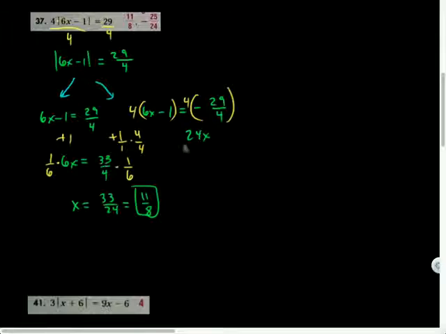My room's kind of limited here. My break it up should have been further apart, I guess. 24x minus 4 equals, these 4's would cancel out, so that's equal to 29. And then we could add 4 to both sides. And 24x equals negative 25.